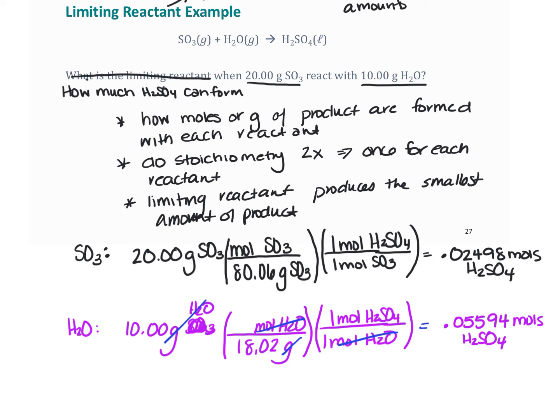So that means that SO3 here is our limiting reactant. It makes the least amount. That's the max amount that we can make with this reaction, 0.02498 moles. Okay? That means we're going to have water in excess. That's going to be our excess.